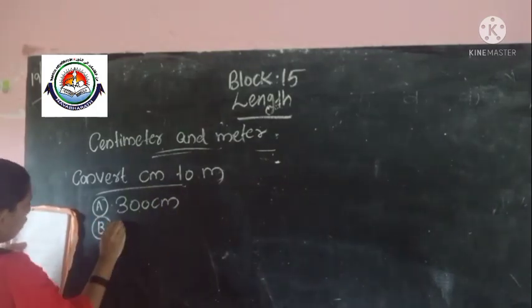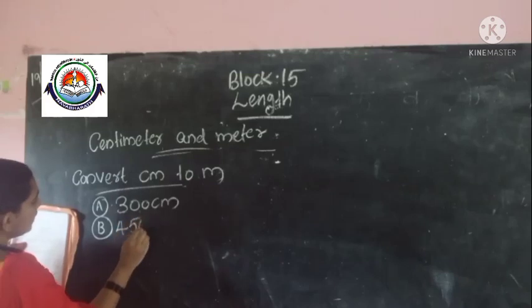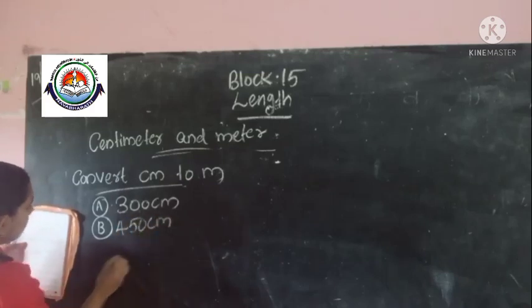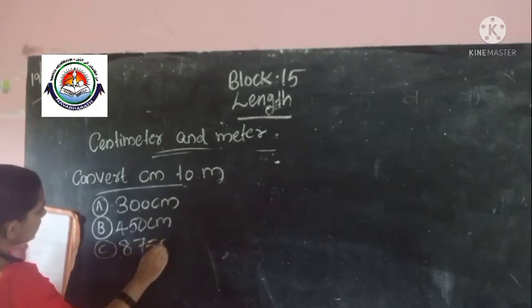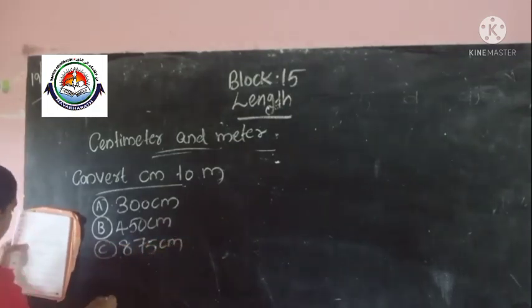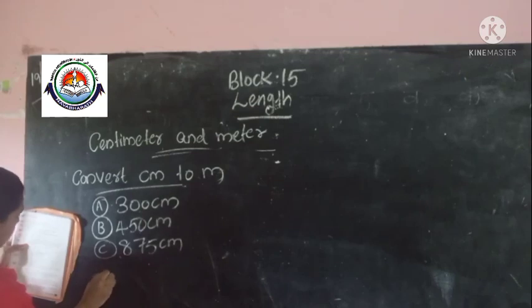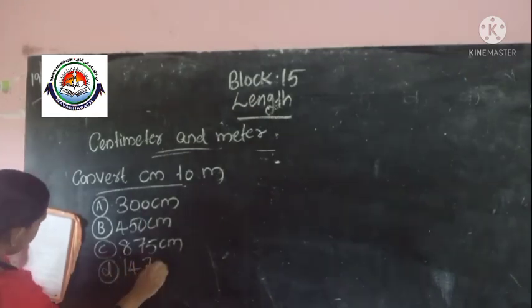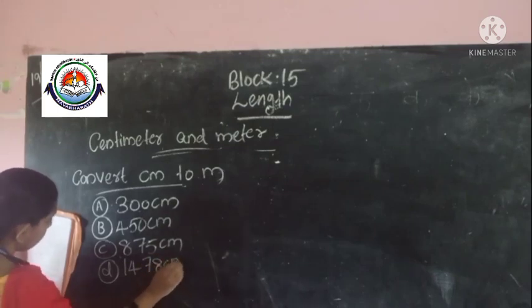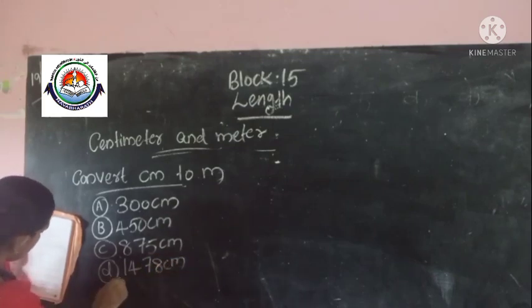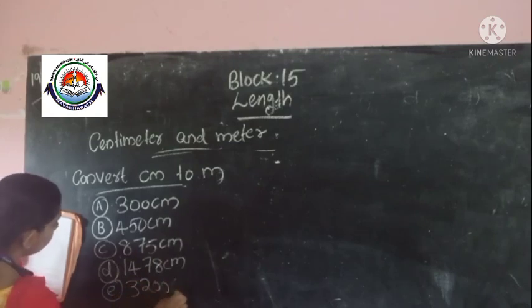B, 450 centimeter. C, 875 centimeter. Then D, 1478 centimeter. E, 3200 centimeter.